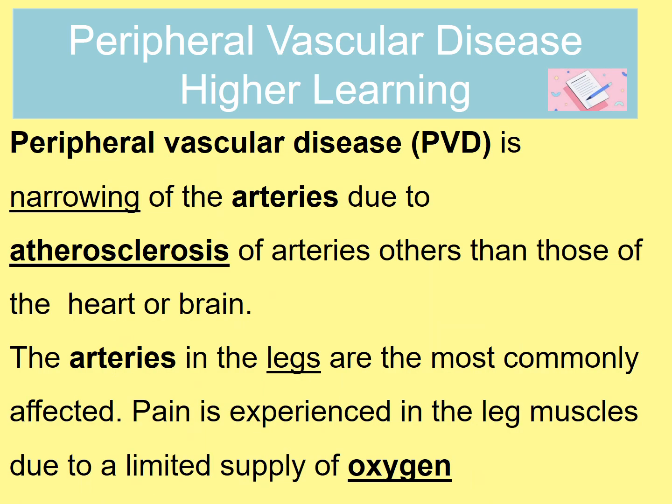So peripheral vascular disease, otherwise known as PVD, is caused by the narrowing of the arteries due to arteriosclerosis. Arteriosclerosis of arteries other than those of the heart or the brain is what leads to PVD. So basically any artery that's not the heart or the brain would come under the bracket of PVD. The arteries in the legs are the most commonly affected. Pain is experienced in the leg muscles due to a limited supply of oxygen.